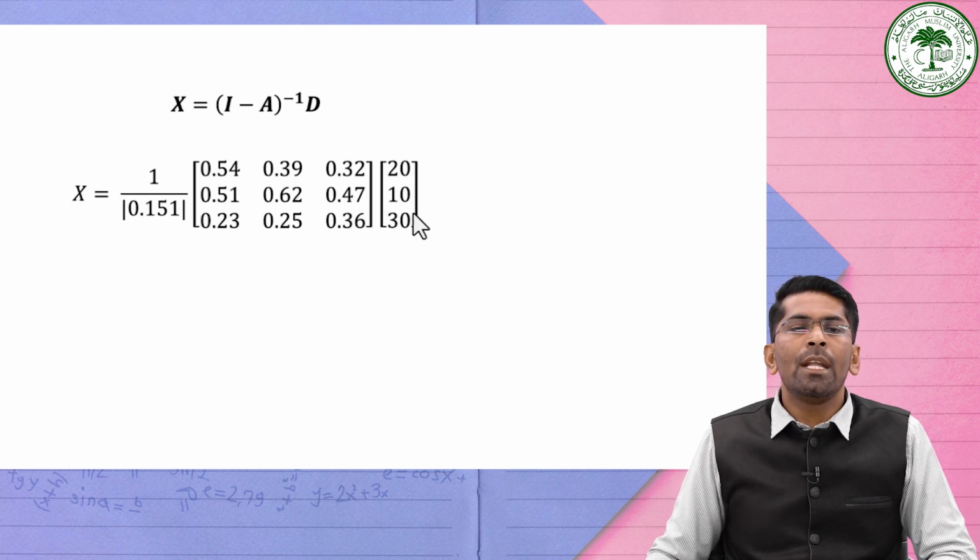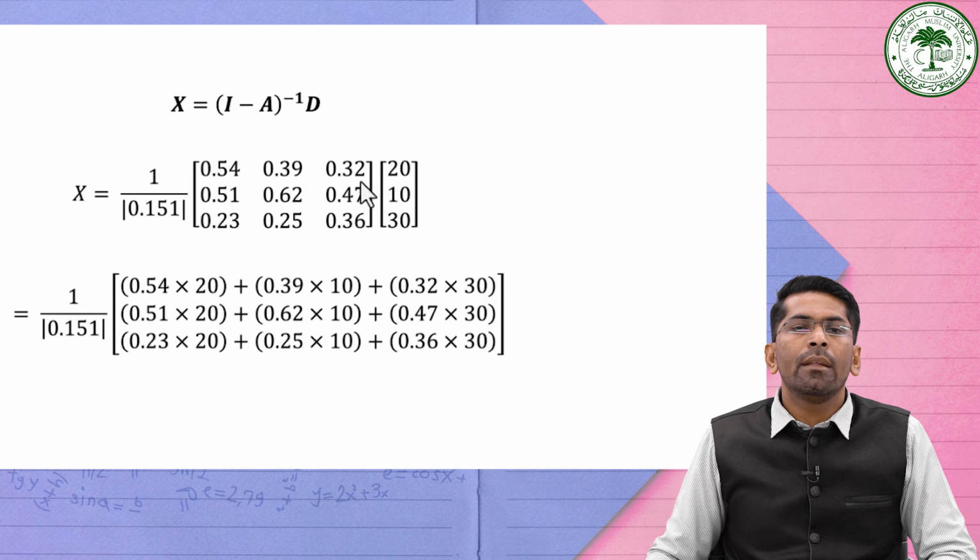We are going to multiply the first row with the final demand vector. So it is 0.54 into 20 plus 0.39 into 10 plus 0.32 into 30. We write this in the first row. In the second row, we multiply with the same final demand vector: 0.51 into 20, 0.62 into 10 plus 0.47 into 30.